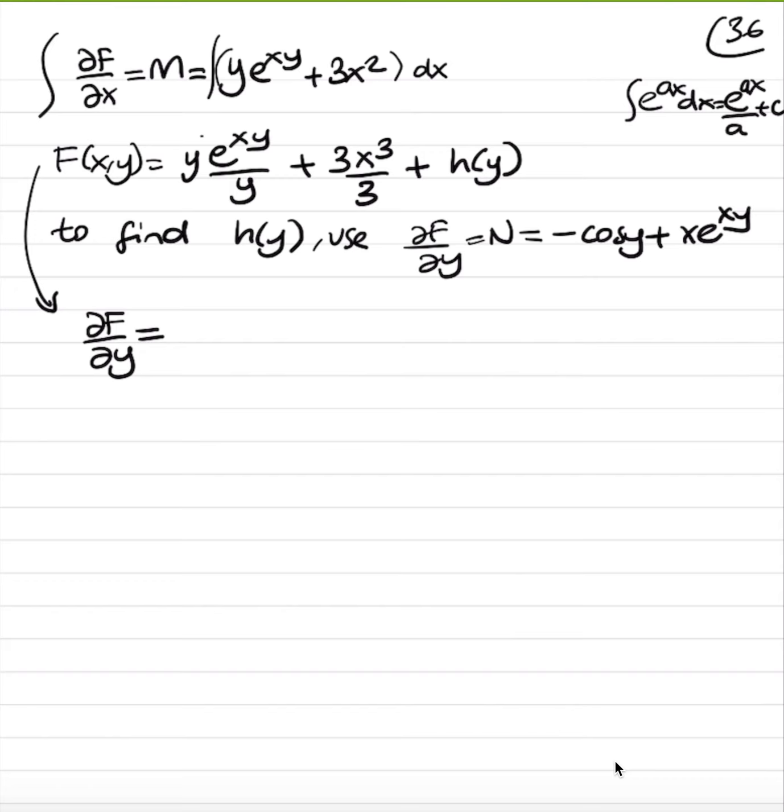Okay, this y cancels. So it is x e to the power xy, plus 3 cancels, so it is 0, plus h prime of y, and it is given as, we know it is n.